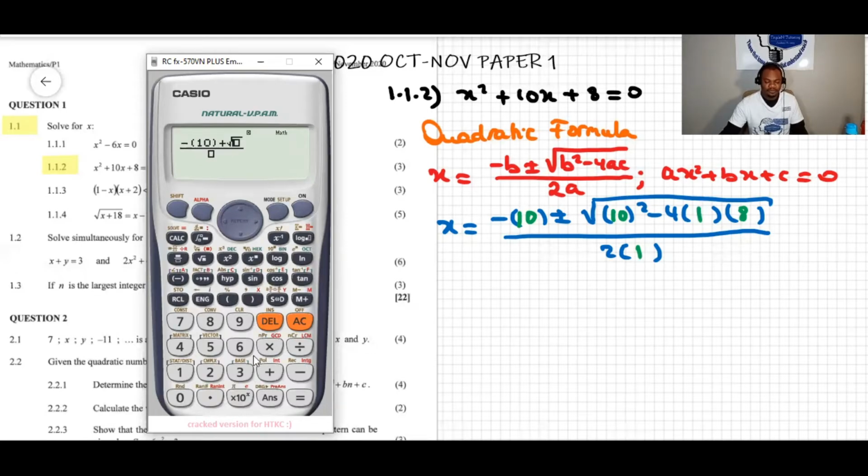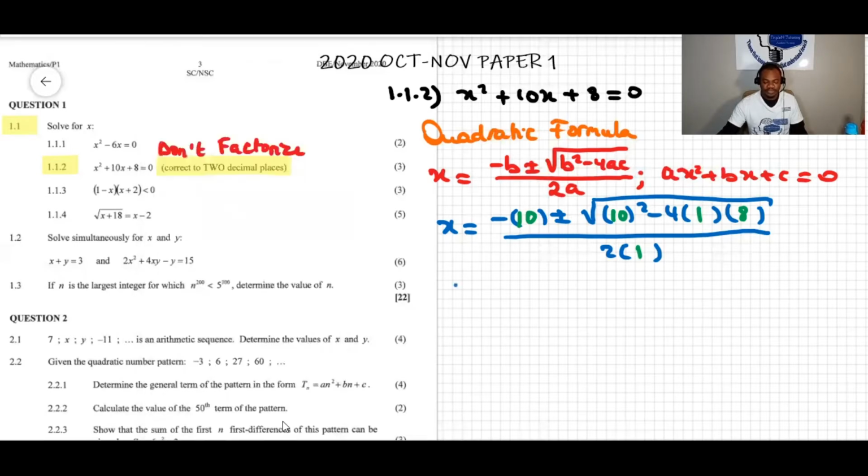So plus square root of b squared, minus 4a, which is 1, and then c is just 8, all over 2a. 2a is 1. Now, if you press this in the calculator, this is what you get.